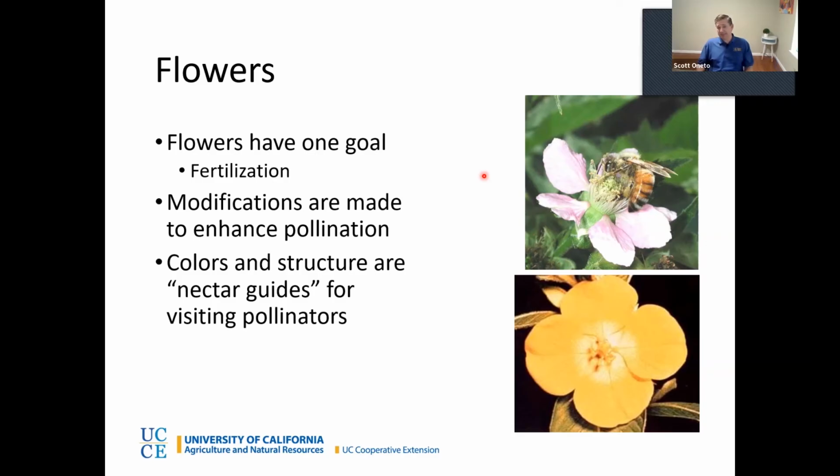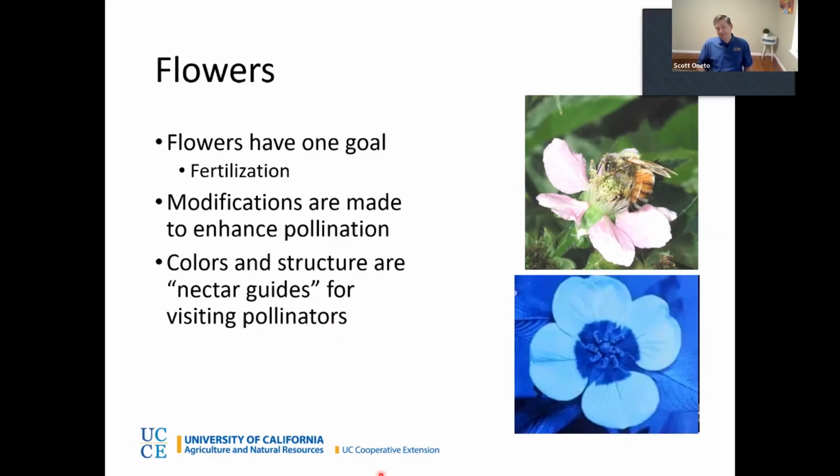In the case of some plants, it may require a flower to be pollinated by an insect. Sometimes it's wind pollinated. It could be bird pollinated. There's all sorts of different ways that pollination may occur. Some plants may have what are called nectar guides to enhance the visitation by pollinators. So this bottom picture is an example of what a flower may look like to us.